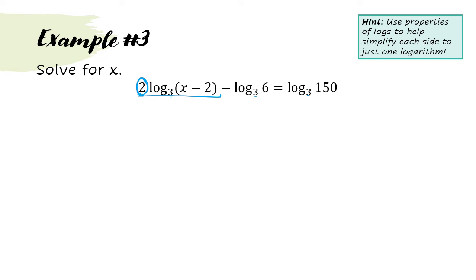So we're going to write this as log base 3 of (x minus 2) squared. We're taking that 2 and moving it into the exponent's place. Now the rest hasn't changed, so I'm just going to rewrite the rest of the equation.